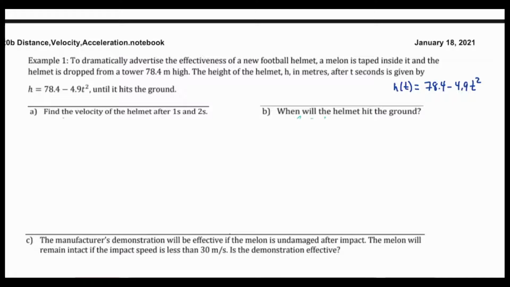And sometimes it's nice to have a positive leading coefficient instead of a negative, even though it's technically not proper formatting. That's fine. Let's find our first derivative. So if height is position, the derivative of my height or position function is my velocity function. So h prime of t is velocity. And this first term goes to 0. We're going to have negative 9.8 times t.